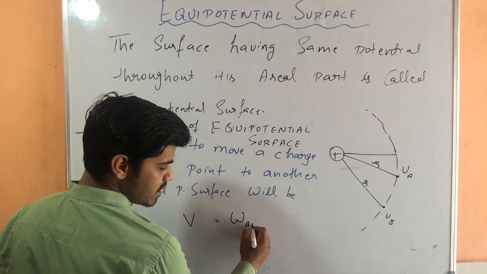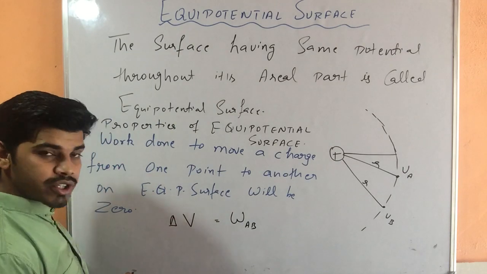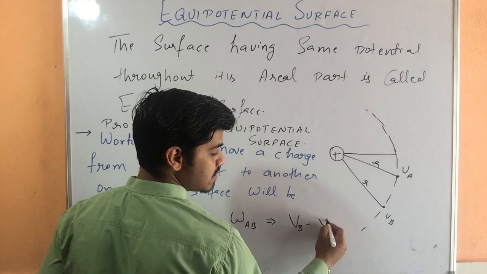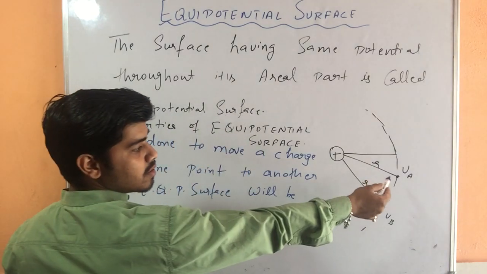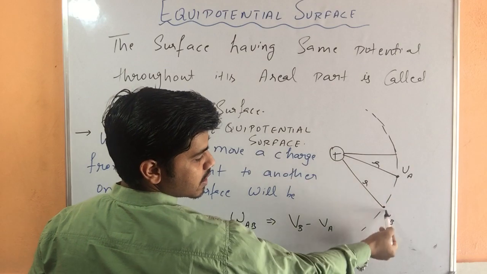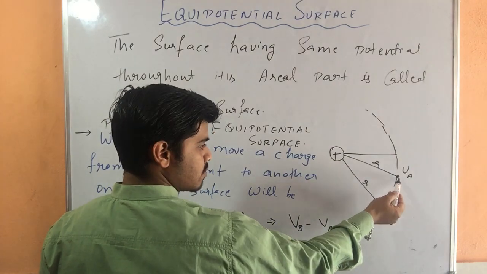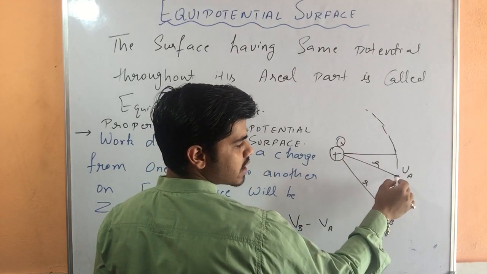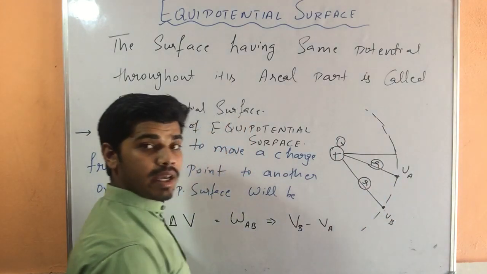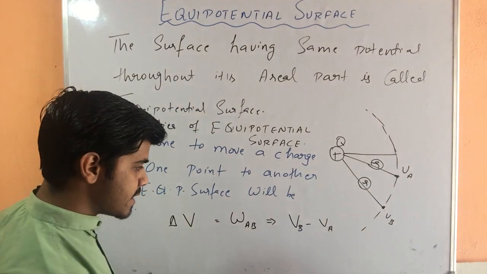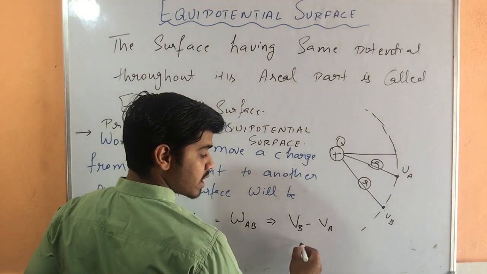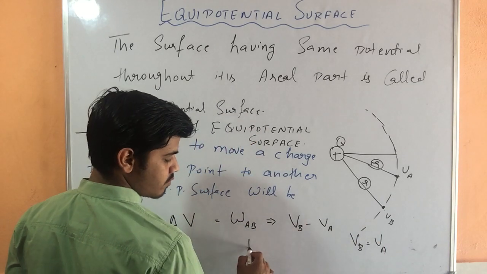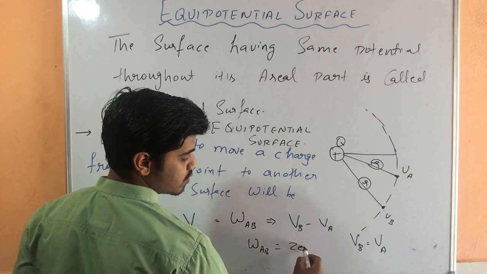So work done from A to B is equal to the potential difference, that is VB minus VA, and as is clear from the figure, both points are under the influence of the same charge and are separated by equal distance r. Hence VB and VA are equal. That's why the work done from A to B is equal to 0.